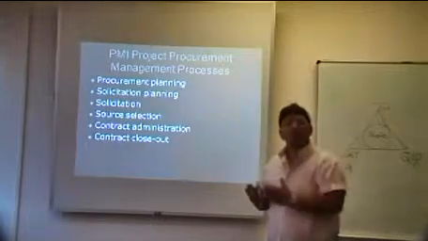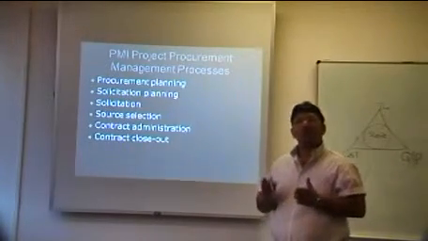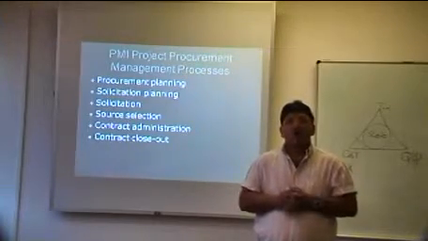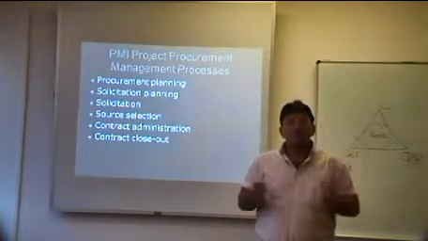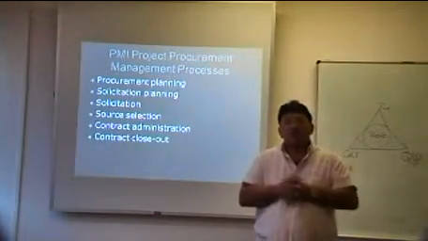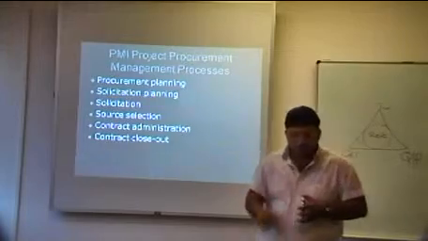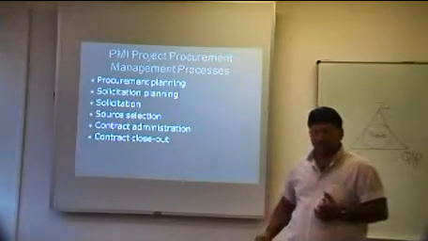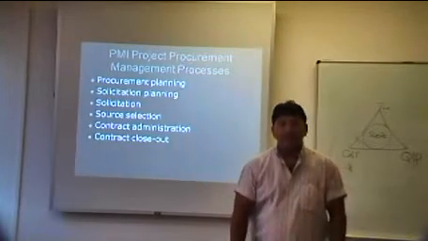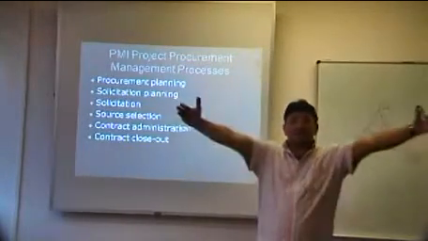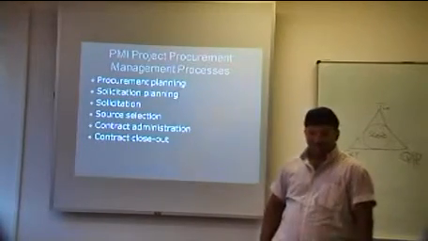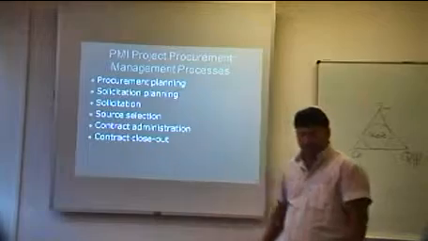Or are you going to go for a sole supplier? As we all know, a sole supplier is the only person or company who can deliver a specific product or service or outcome. So you've got to plan that solicitation, in other words, your strategy. If you go open tender, you're going to have to go to the market and to the newspapers, which can be a very lengthy process.